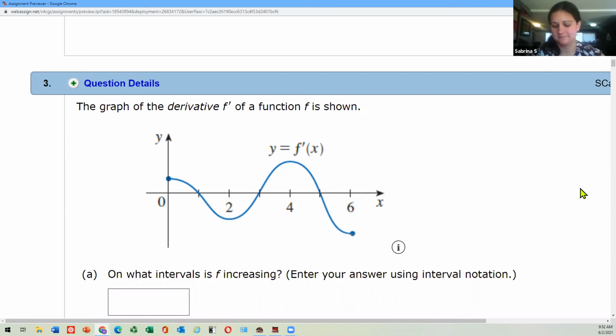So the second derivative graph will tell me when a thing is concave up, when it is concave down, and the points of inflection. So first derivative graphs tell you increasing, decreasing, local max and min. Second derivative graphs tell you concave up and concave down of the original function.